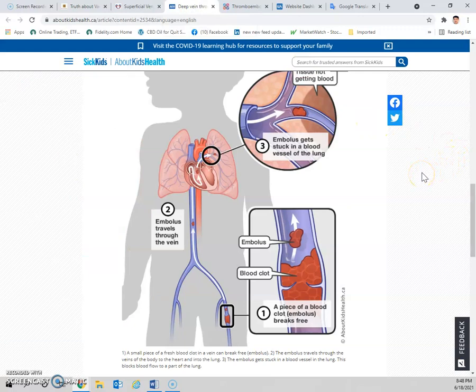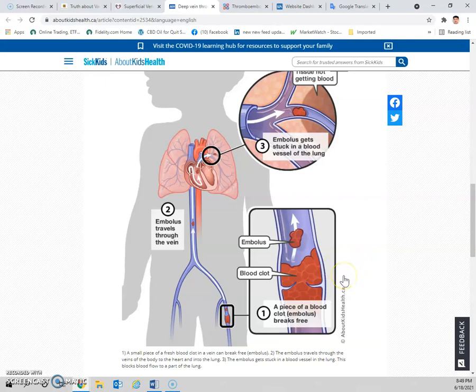So let's have a look at what pulmonary embolism is. There are basically 3 steps. Step 1: for an unknown reason, a blood clot forms in the deep veins, and that reason can be varicose veins or any other vein damage.